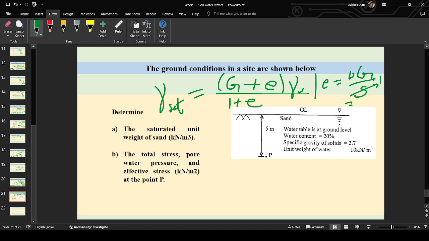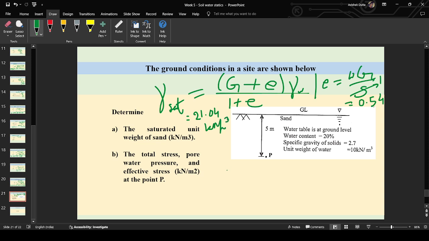So w, this moisture content, is 20%, G is 2.7, so it will be 0.54. Okay, 0.54 is the value of e. Put it over here: G equal to 2.7, e equal to 0.54, and gamma W, as mentioned over here, is 10. So the answer will be approximately 21.04 in terms of kilonewton per meter cube.